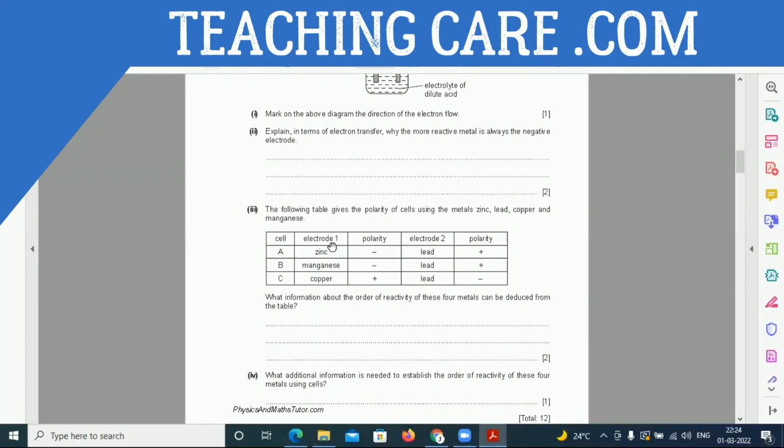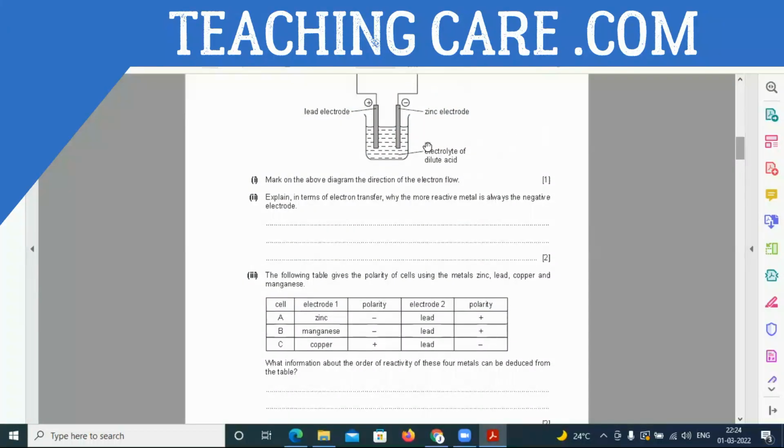Here electrode 1, they are changing electrode 1, keeping electrode 2 constant and only changing the charge on it. What's an electrode? An electrode is the rod which is being charged. Here, see, this is the electrode. Zinc electrode, lead electrode. Got it? Got it.